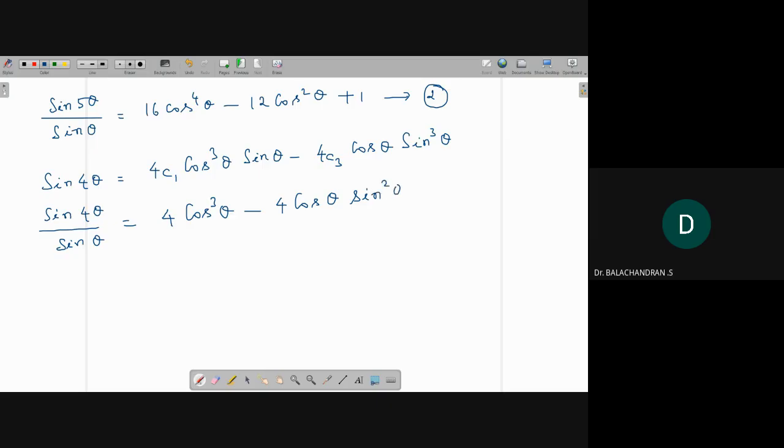Again I need to convert everything in terms of cos: 4 cos cube theta minus 4 cos theta into sin square theta, which you can write as 1 minus cos square theta. So 4 cos cube theta minus 4 cos theta plus 4 cos cube theta.